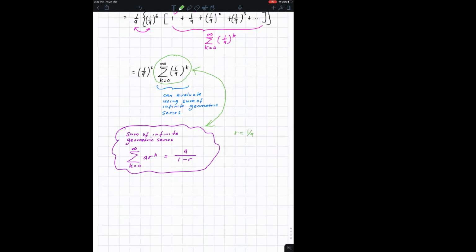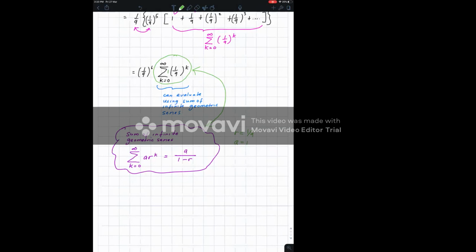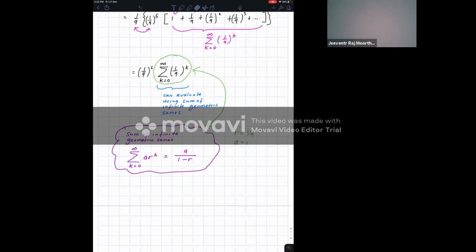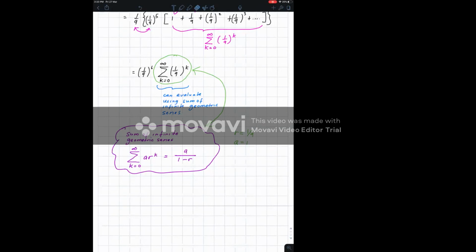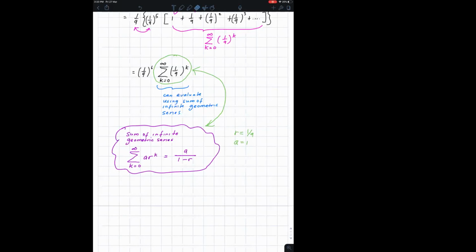Correct. a is 1. There's a 1 there. Okay. Are you guys around? Yes, sir. a is equal to 1.